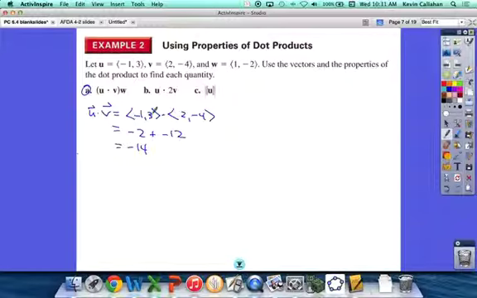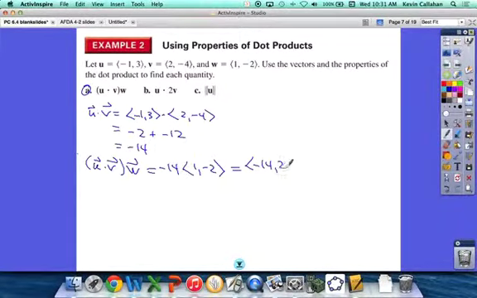Negative 2, negative 12, add them up. So now when we do the (u dot v) times w, that's negative 14 times w, 1, negative 2. That's a scalar multiplication. Negative 14, positive 28.